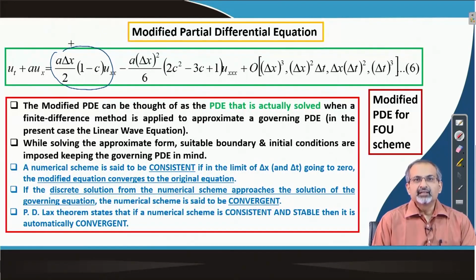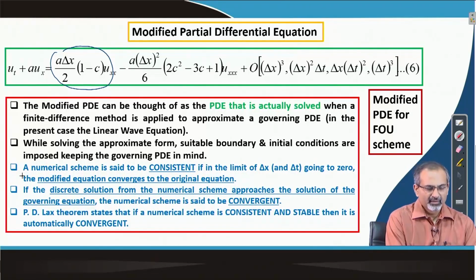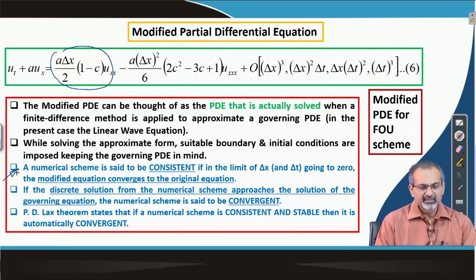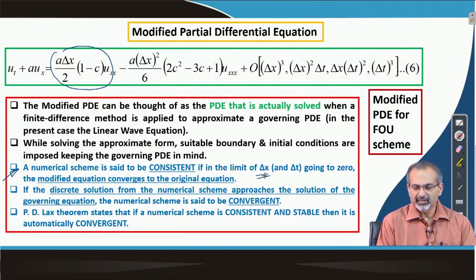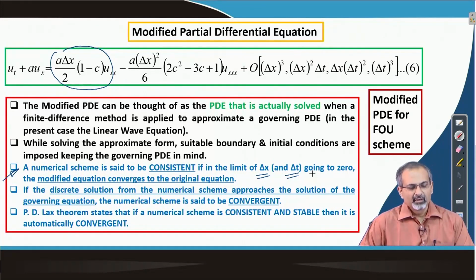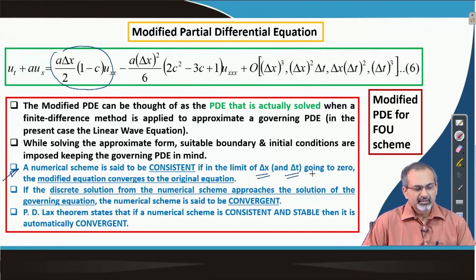One of the important things that we would like to discuss at this point is that a numerical scheme would be considered a consistent numerical scheme if, in the limit delta x or delta t going to 0, we can limit the modified partial differential equation to the original partial differential equation.